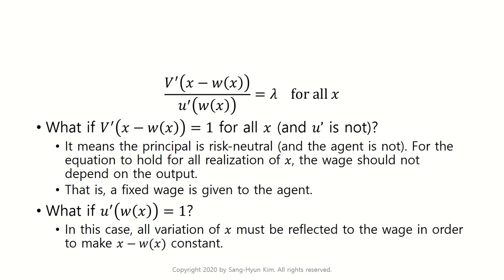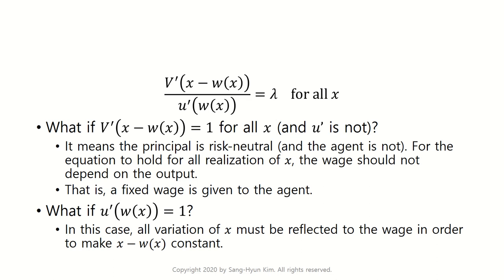If w of x is a fixed wage, then it will not depend on x. So then the numerator will be 1 and the denominator will be some number, not a function of x, and on the right hand side we have lambda, which is not a function of x. So then this equation can hold for all realized values of x. That's the only way.